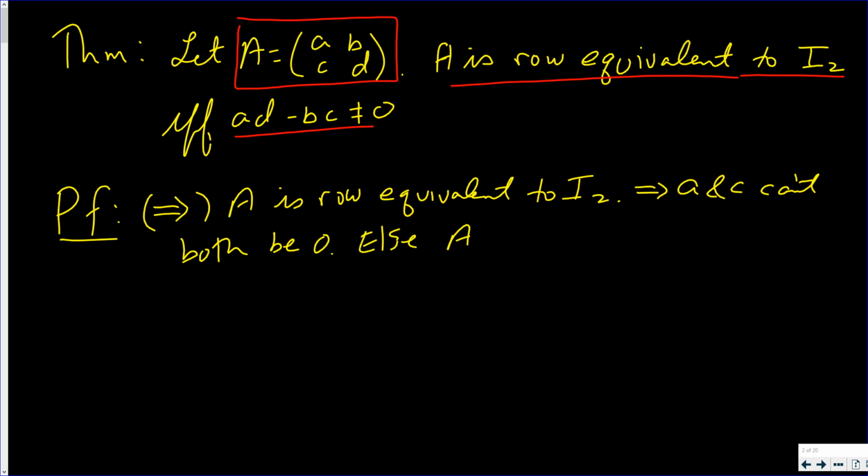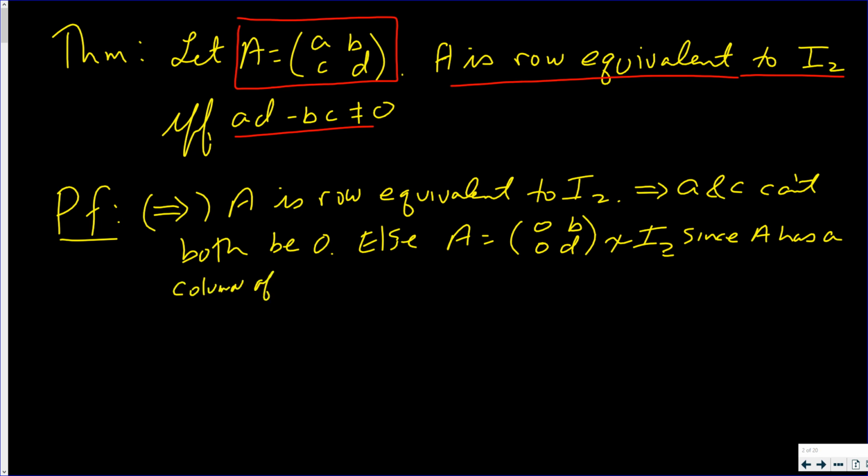Else, A will equal 0B, 0D, which is not row equivalent to I2, since A has a column of zeros.